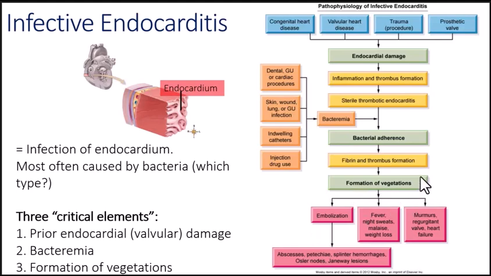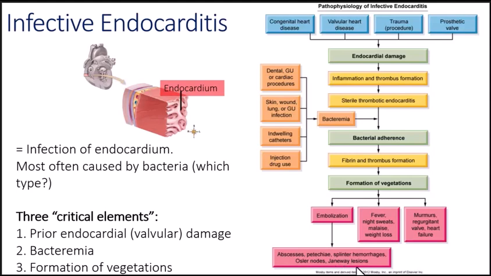Now we have the formation of vegetations, where we have sort of the clumping of bacteria and other substances in the area, and this can occur on the valves of the heart. When we've talked about embolization in the past, one of the types of emboli are vegetations. So these vegetations can end up impacting structures elsewhere in the body.